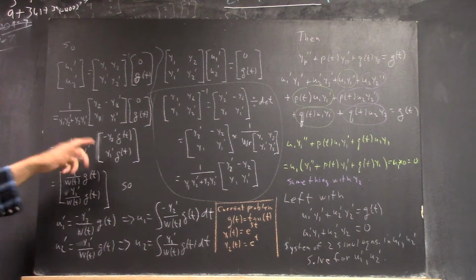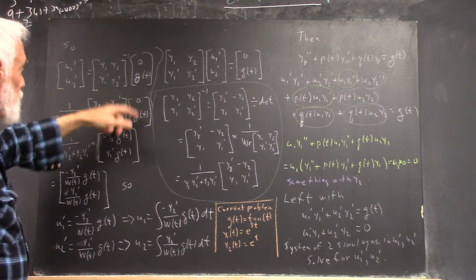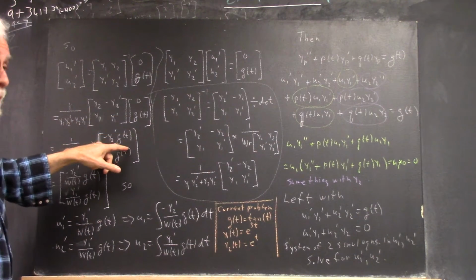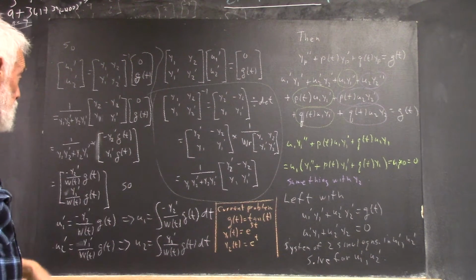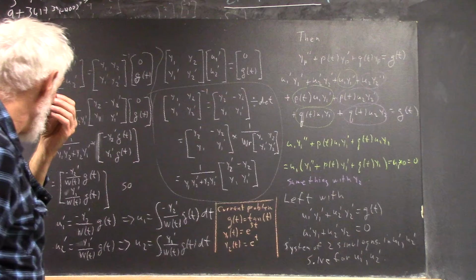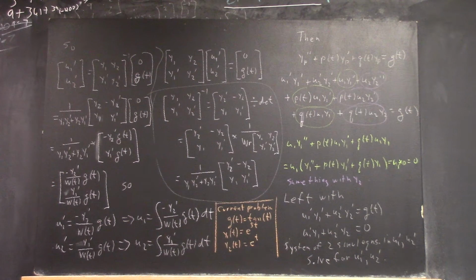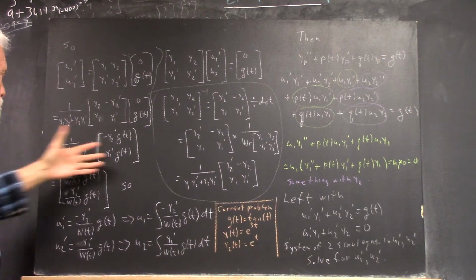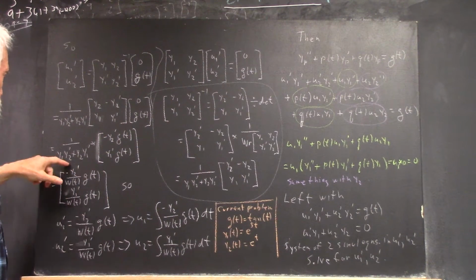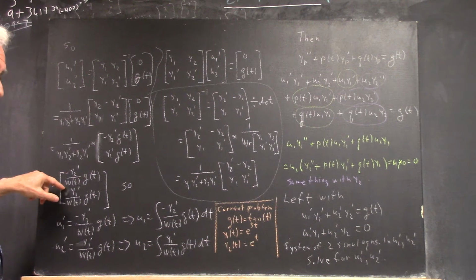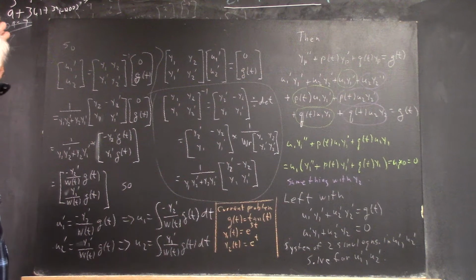Negative y2 prime times 0 plus y2 times g of t gives us negative y2 prime g of t in the first row. The second row, y1 prime times the column 0, g of t gives us y1 prime g of t. We still have the reciprocal of the Wronskian out here, and I'm just going to write that as the Wronskian in the denominator, a more compact notation.